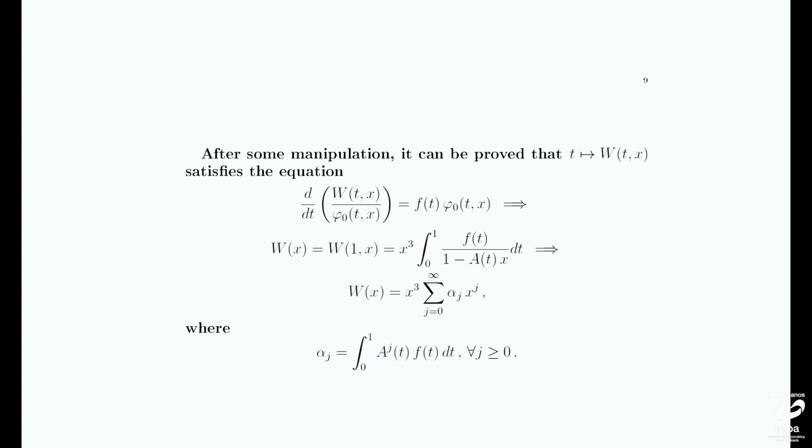You find just until alpha k minus 3 equals 0, then you have to find the function f such that alpha is 0 until some level. That's the trick.